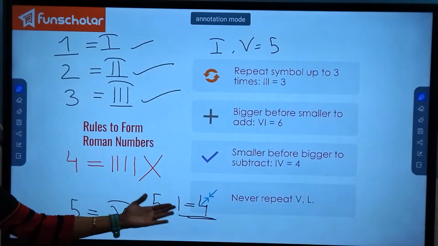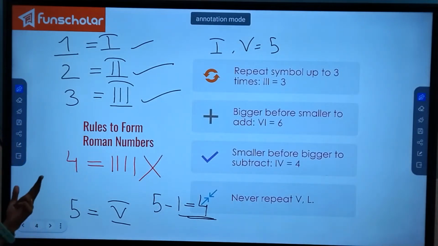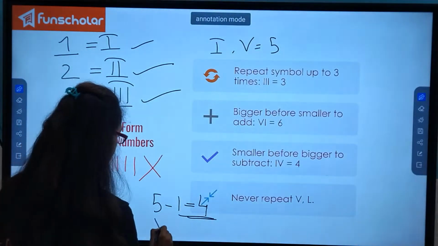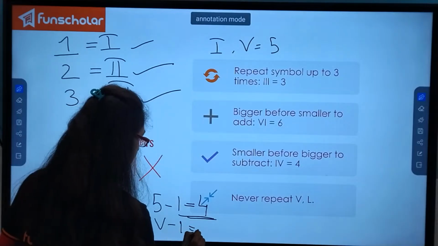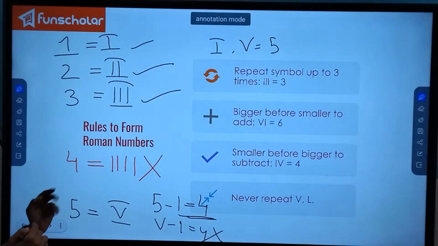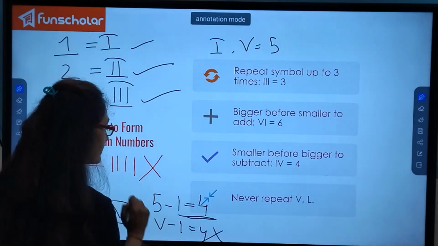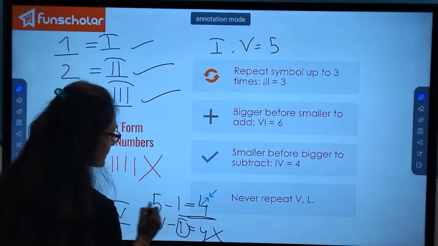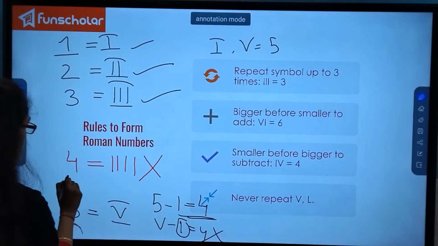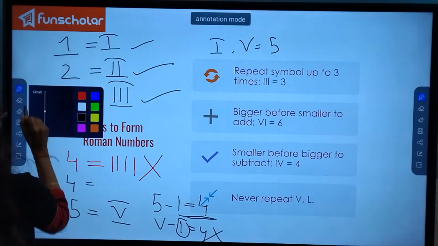Okay. So here also we will subtract. But what is the method of subtracting over here? Will we write 5 minus 1 equal to 4? No. In the case of subtraction, the smaller number, that is I, is written on the left side of 5.